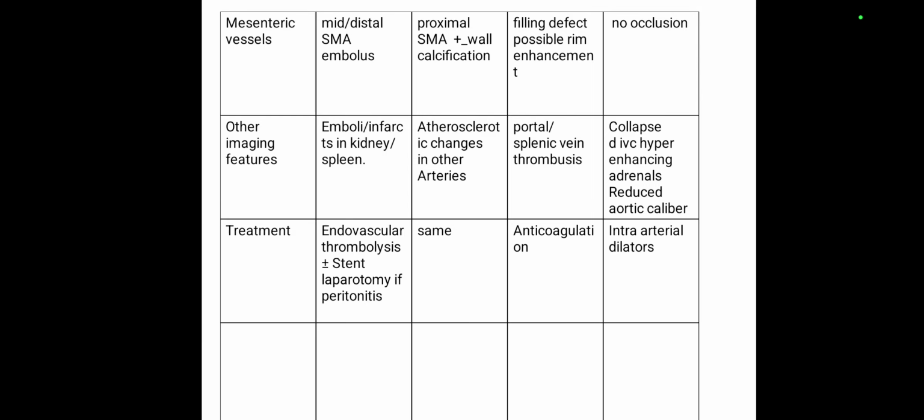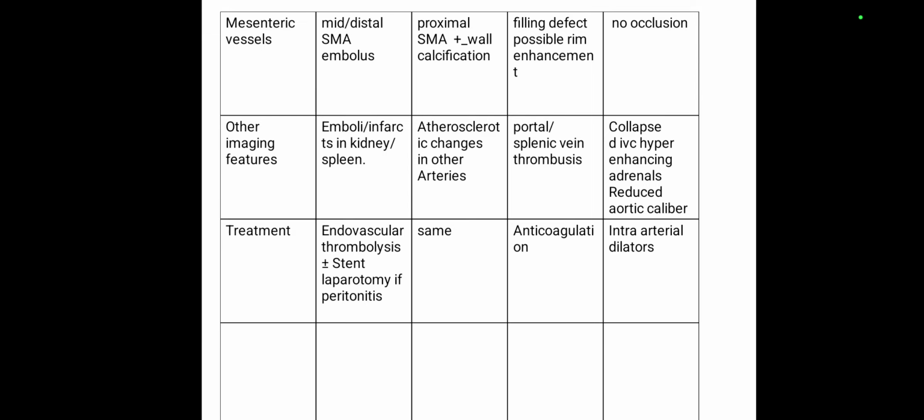In venous thrombosis, when you look into the veins in SMV or IMV, you could see the filling defect. And in non-occlusive mesenteric ischemia, you could not find any filling defects. There is no occlusion. You might find some bead-like appearance of these vessels. Now looking to the other organs, in case of embolic cause, there could be infarct involving the other organs like spleen and kidney.